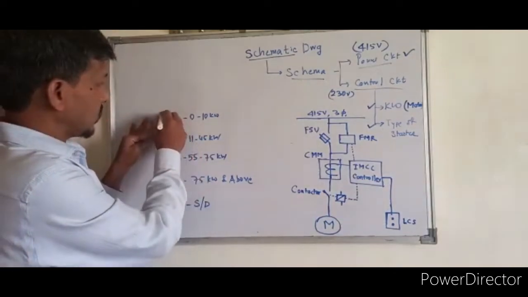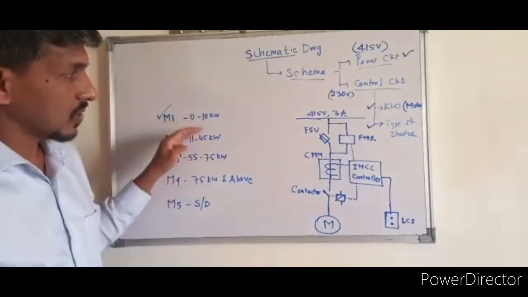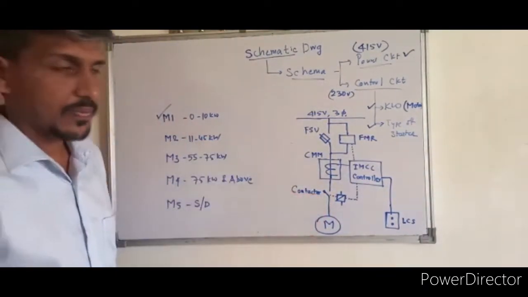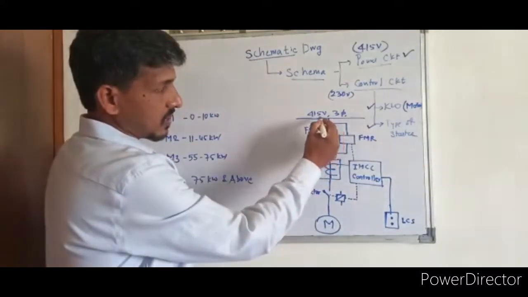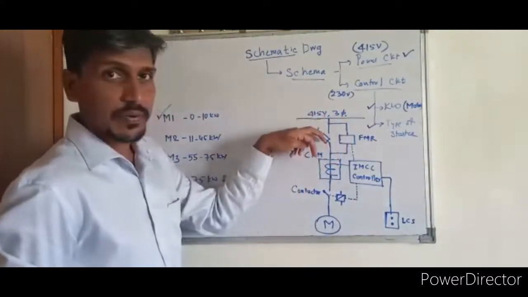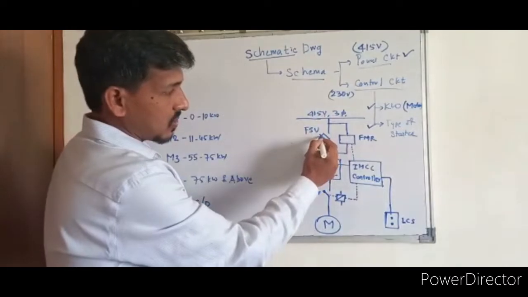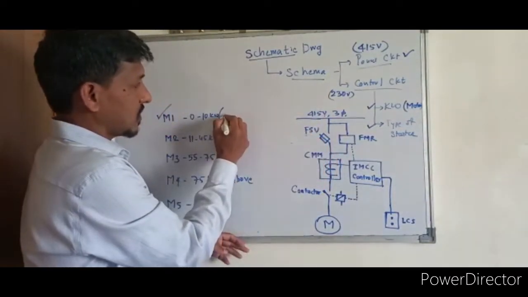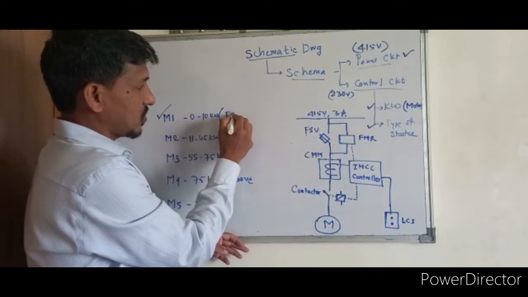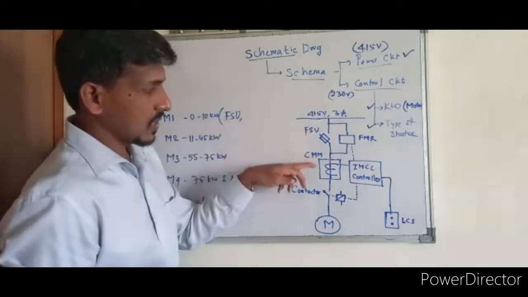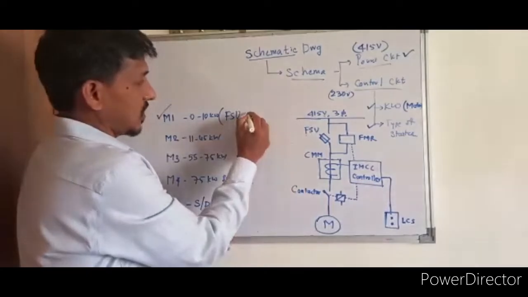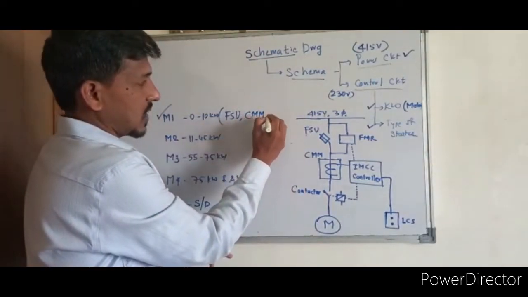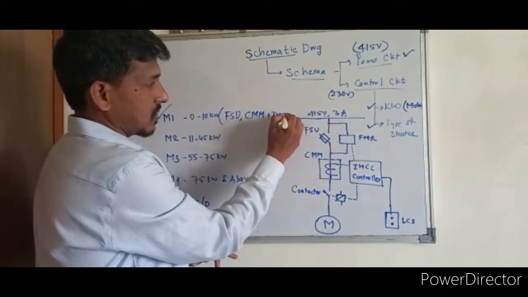Let's come to the first topic, that is M1. See, this is a dual starter. In the dual starter, a 415 volt 3-phase supply has been given. This is your FSU, that is a fuse switch unit. FSU is used here. Then CMM is used, that is your current measuring module, plus IMCC.